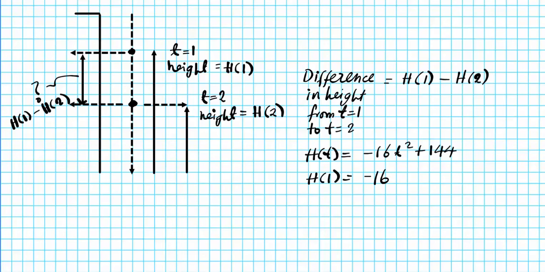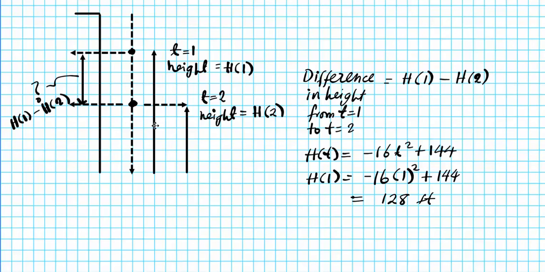You calculate that by plugging in 1 into your quadratic function. Okay, so that's basically how it's going to look. And you can plug this into your calculator, or you just do it by hand, this is 144 minus 16, you end up with 128. And the unit is in feet.